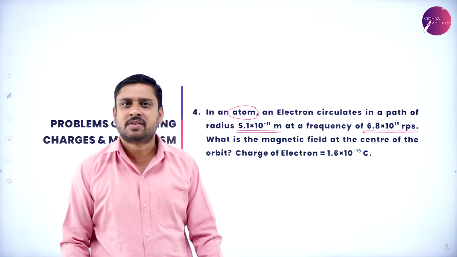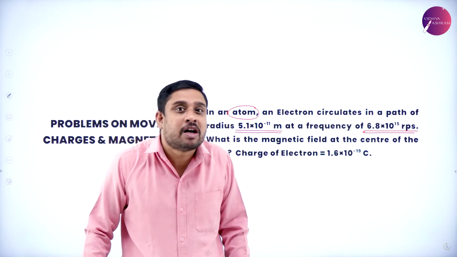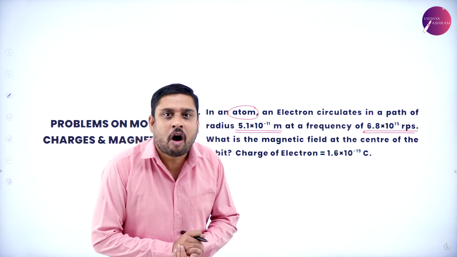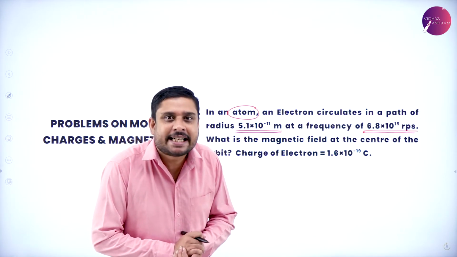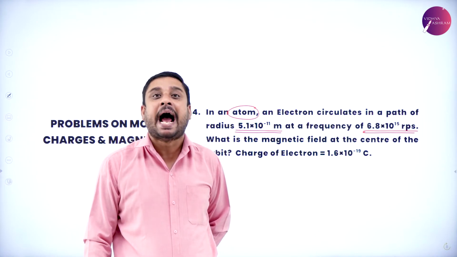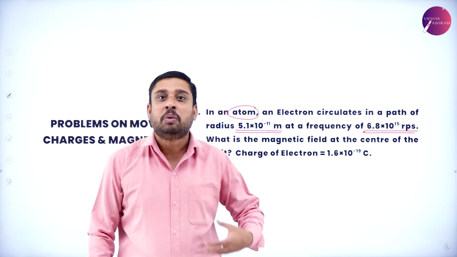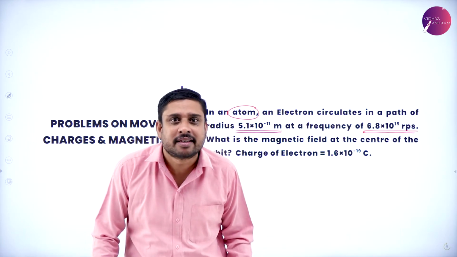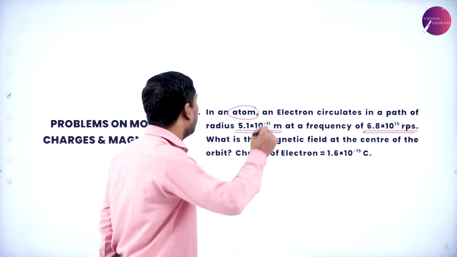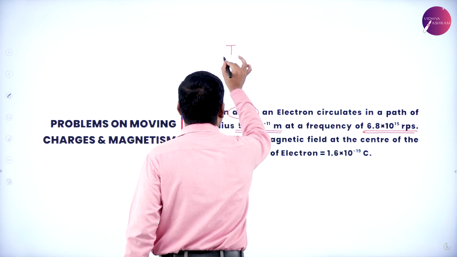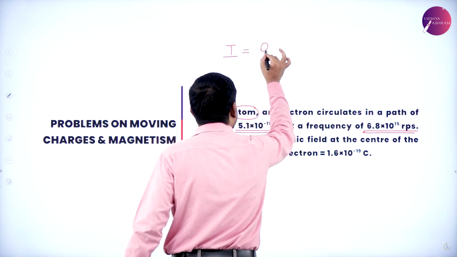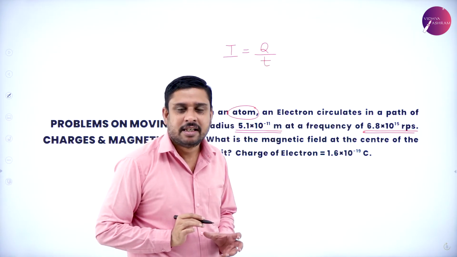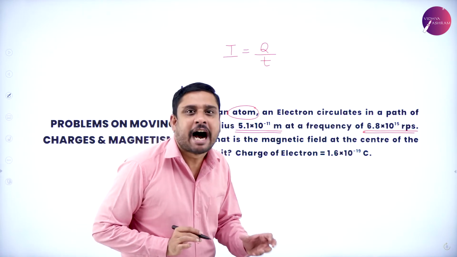My dear students, what is the consequence here? There is an electron which is rotating around an atom. Motion of an electron constitutes what? Current. So we know I is nothing but Q divided by T, current, rate of flow of charges.